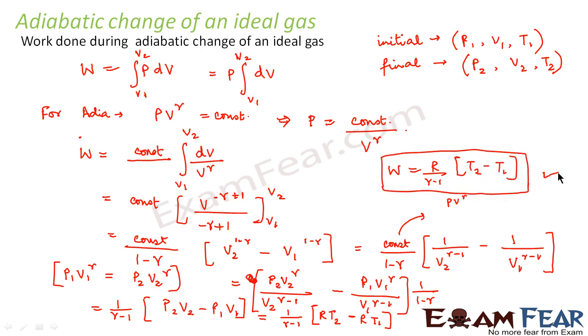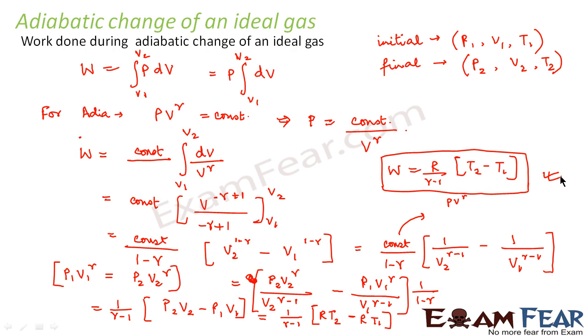So this is the work done during adiabatic change of an ideal gas, because during adiabatic change both volume, pressure as well as temperature will change from one value to another as we go from initial to final state.